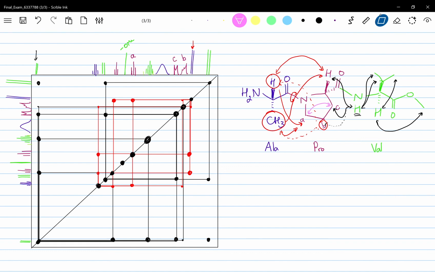And not only that, but also B and the alpha proton, which will be the alpha proton and B. Oh, it should be the alpha proton and B. Sorry.